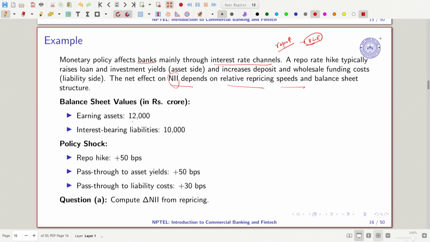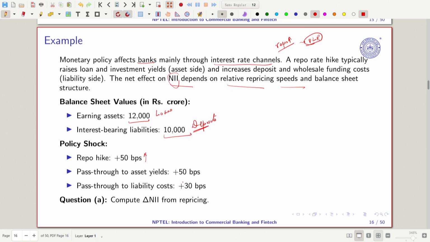So let's have a look. Suppose the balance sheet has earning assets of 12,000 crore and interest-bearing liabilities of 10,000 crore. These are like loans and deposits. Now suppose the RBI increases the rate of interest, and the repo rate has gone up by 50 basis points.